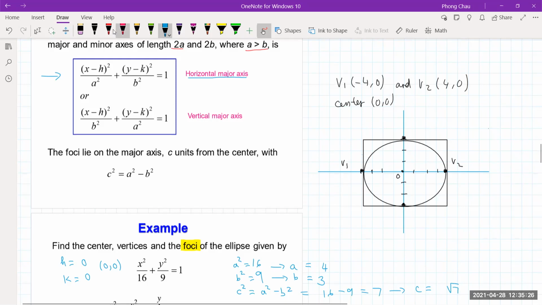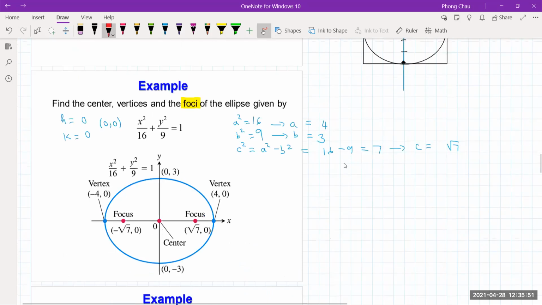So what's root 7? Root 7 is 2 point something, less than 3, so number 1, 2, I think it's somewhere over here. And somewhere over here, it's 1, 2, so that's your focus 1, and that's your focus 2, right?